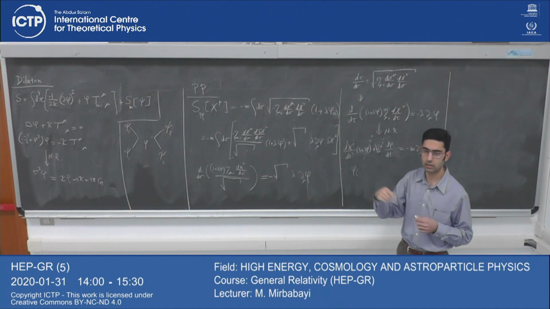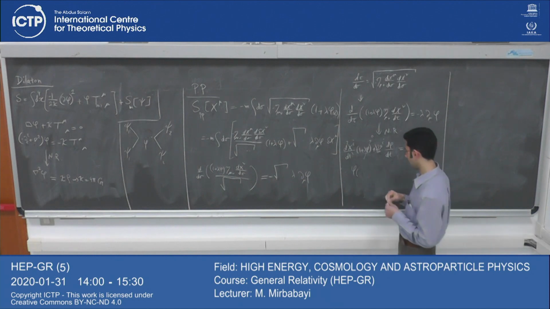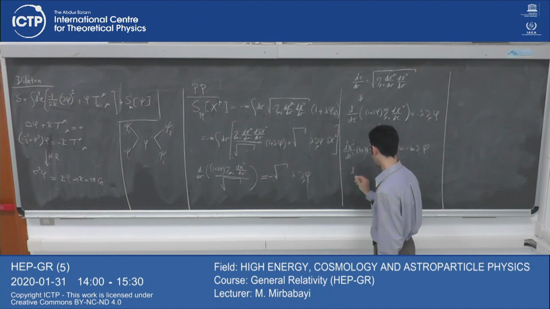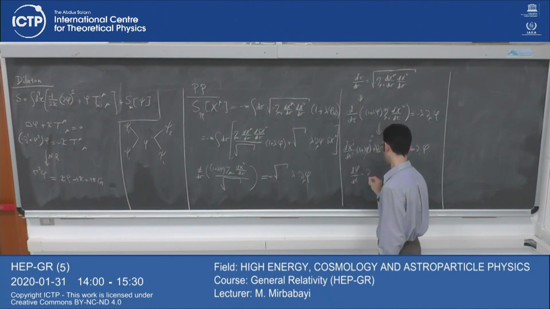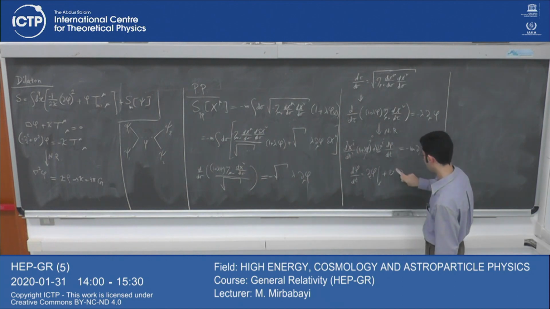So this d by dt of phi is actually the partial derivative plus the derivative because of the motion of the particle. So this d phi by dt is equal to dt of phi at constant x plus vi vj times dj of phi.